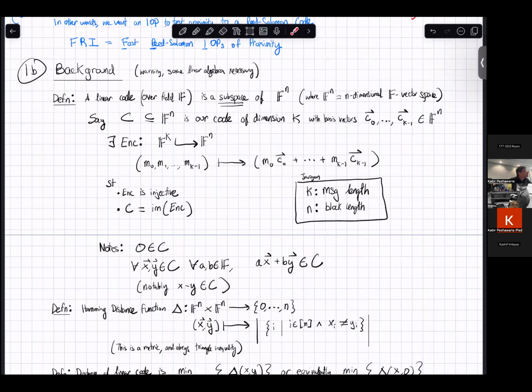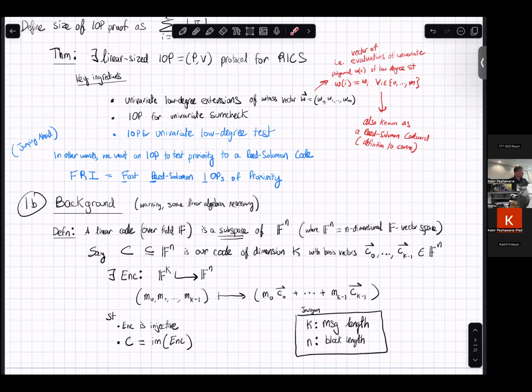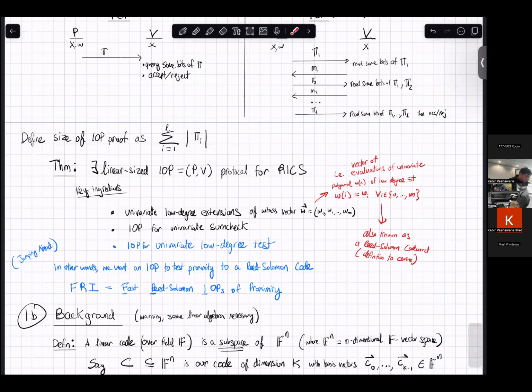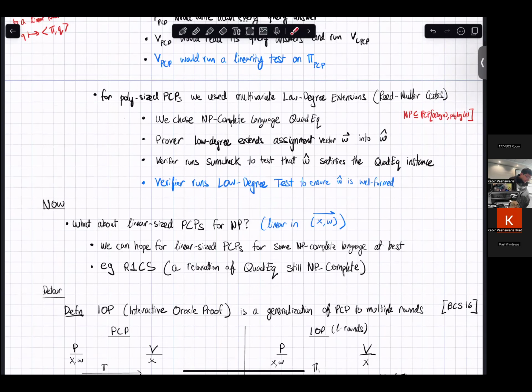Can I ask a question? Sure. Maybe I just missed something, but can you motivate why we're now using the IOP for proximity testing? I'll refer you back to the poly-sized PCPs for quadratic equations.